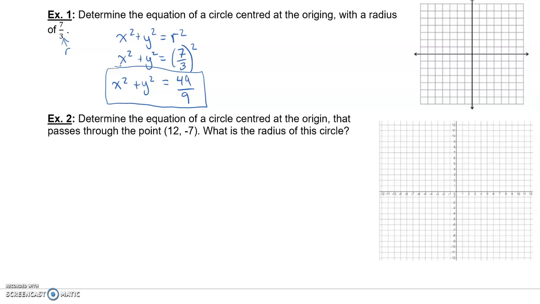Well, it didn't ask us to do this, but I just want to do a quick sketch so we can see what this physically looks like. 7 over 3 is equal to 2 1/3. So if I graph a circle of radius 2 1/3, I'm going to just do that by indicating the 2 1/3 on each of the axes. There's my x, y, negative x, and negative y axes.